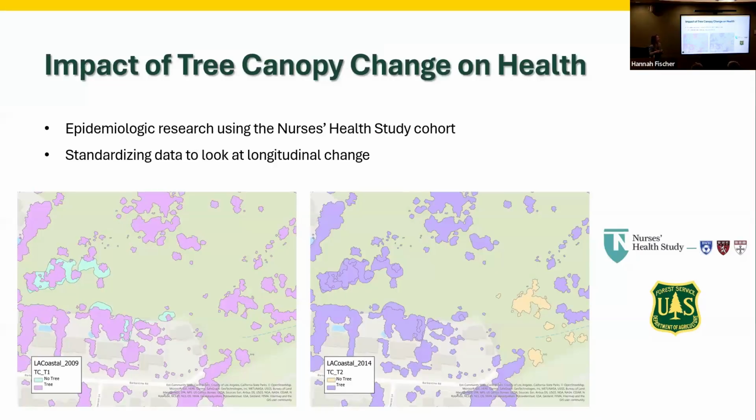Two quick projects that we use GIS for that relate to health. One of which is we're looking at tree canopy change over time and the longitudinal impact of that change with the Nurses' Health Study cohort, a longitudinal cohort. And we're really looking at mental health and physical health.